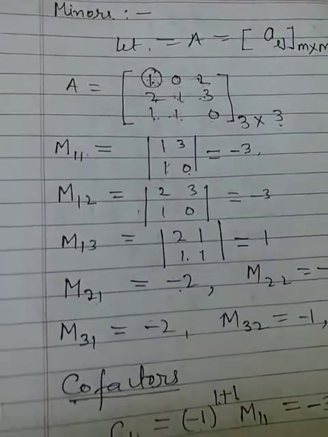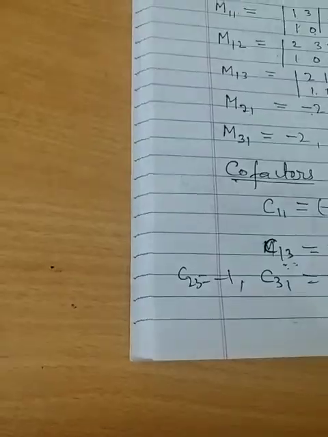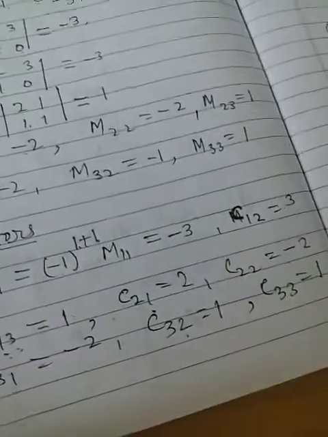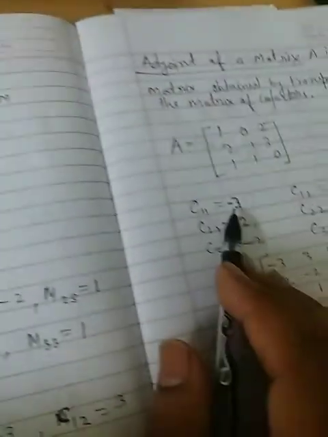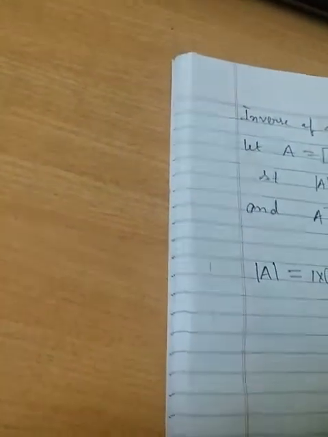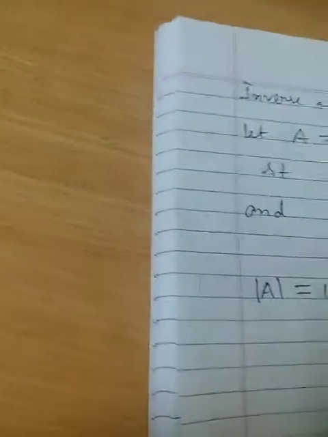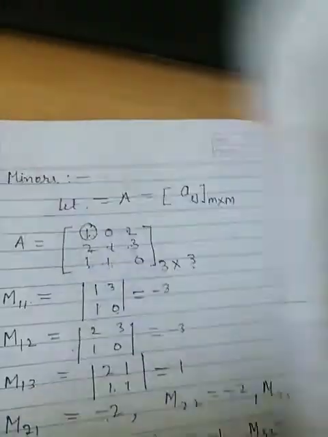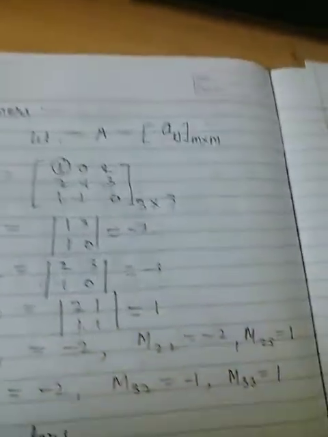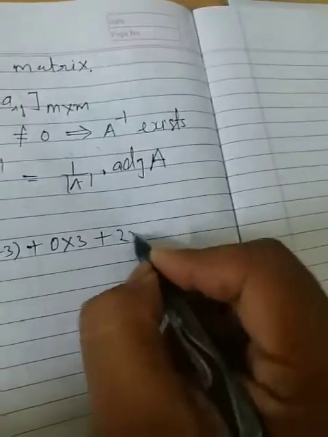The adjoint of A we have got, and the value of the determinant we have to find. So let us find the value of the determinant for the same matrix. From your previous class you know how to find it. The determinant will be 1 into its corresponding cofactor minus 3, so 1 into minus 3, plus 0 into 3, plus 2 into 1.